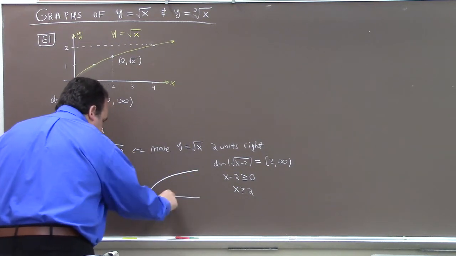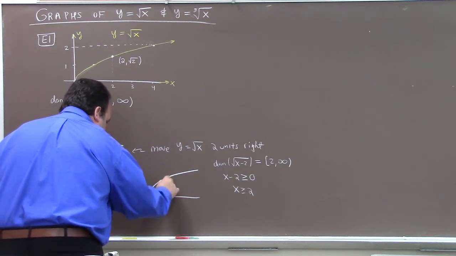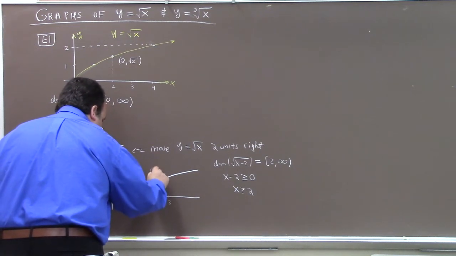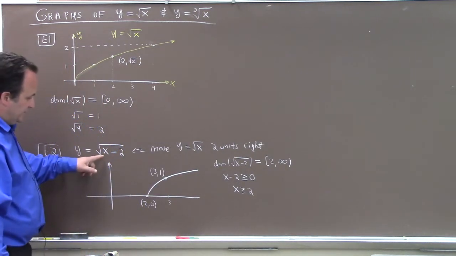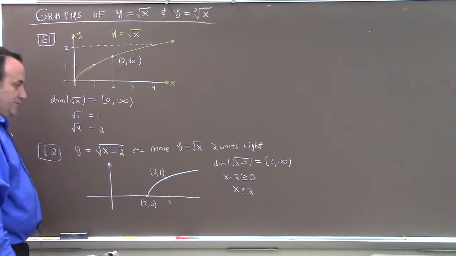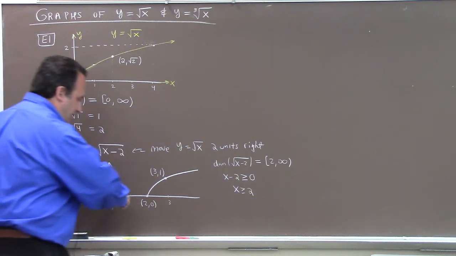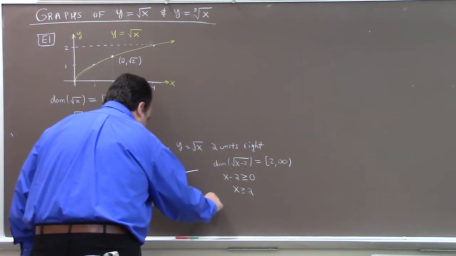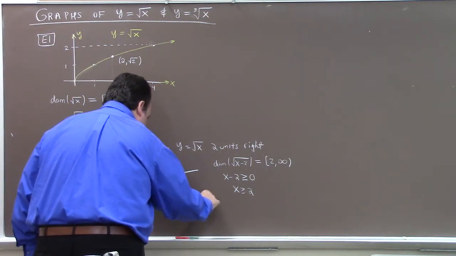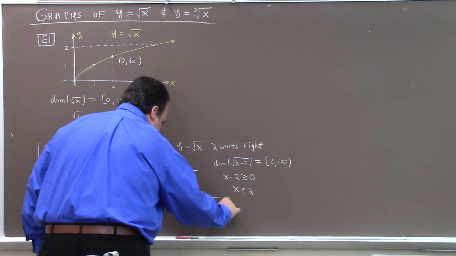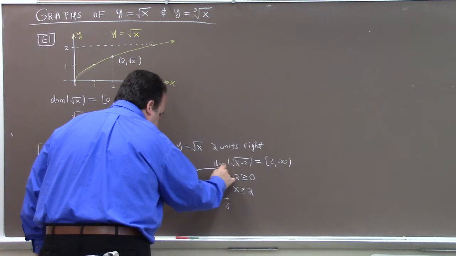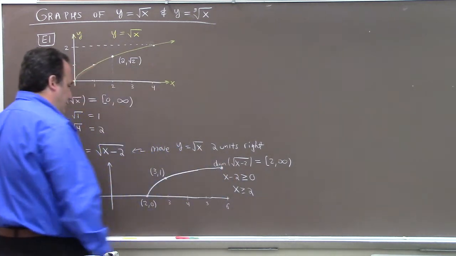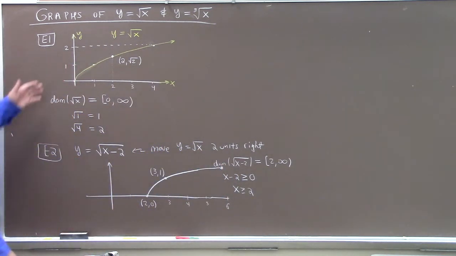Over here at 3, this point would be 3 comma 1, because if you plug 3 into the formula, you get the square root of 3 minus 2, which is the square root of 1, which is 1. Then if you keep going out here, 3, 4, 5, eventually you get over to 6, where the function's all the way up here to 2. This is the same shape, just shifted over.